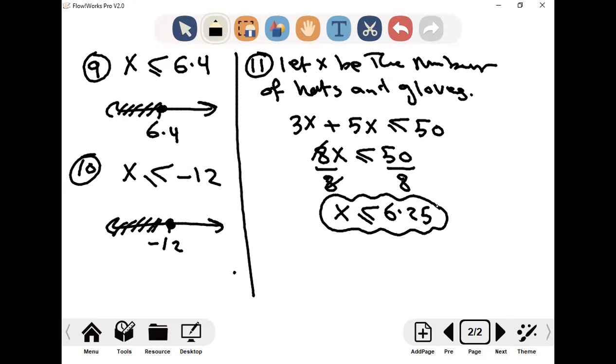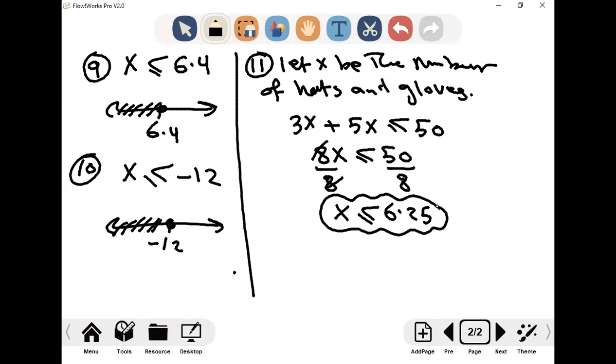This is a decimal, right? It means the greatest solution. Focus now. The greatest solution for the inequality is 6.25. But for the number of hats and gloves, you cannot say 6.25. You can say 6.